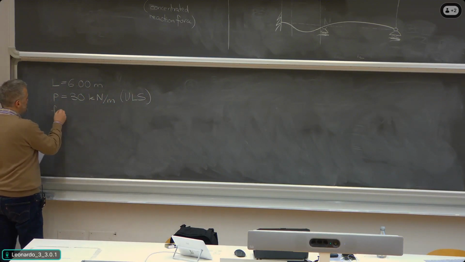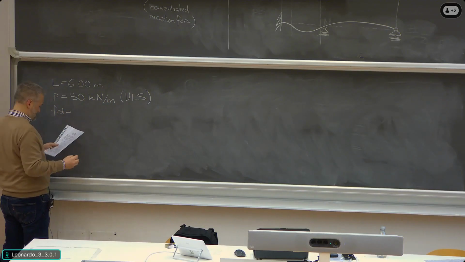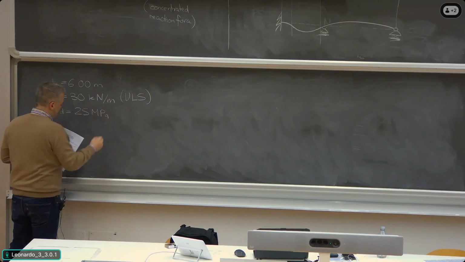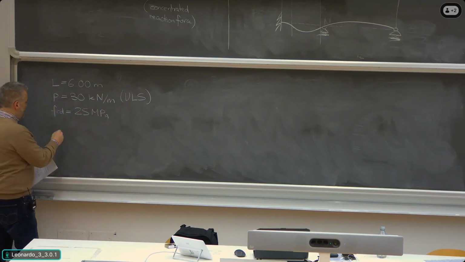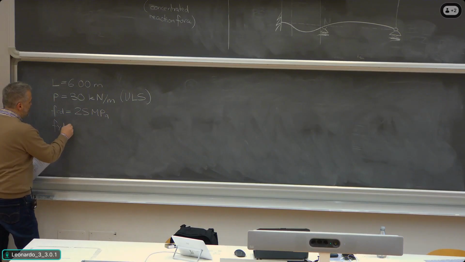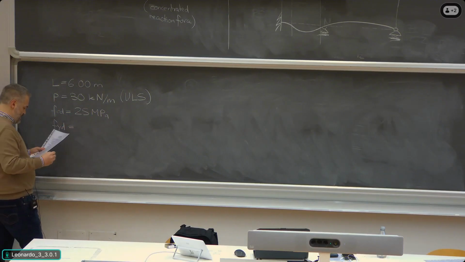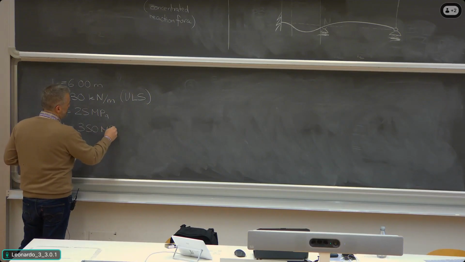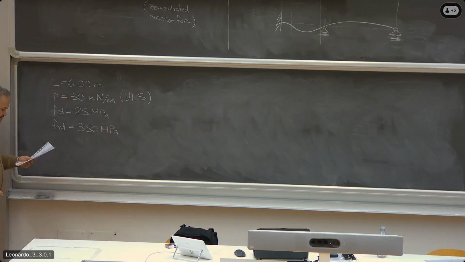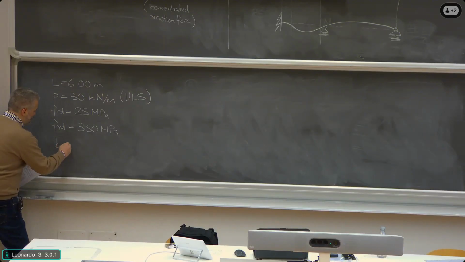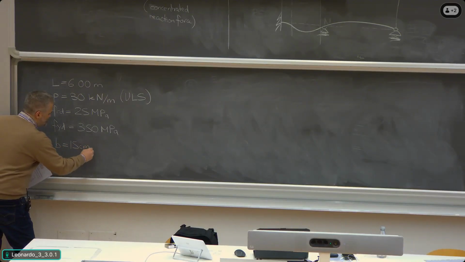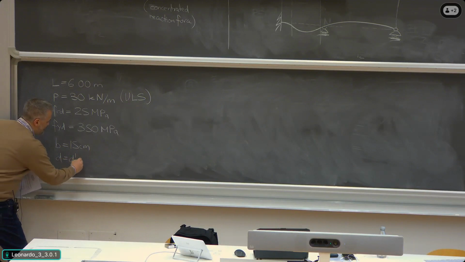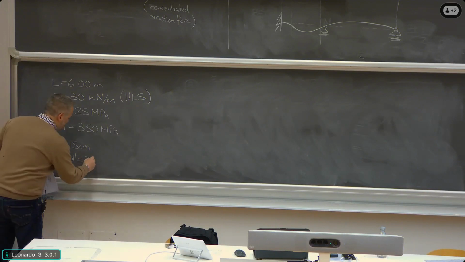FCD, design concrete strength, is 25 MPa, megapascals. And then we have FYD, which is the design yield strength of the reinforcing steel, which is 350 megapascals. And then we have B equal to 15 centimeters, and D equal to D prime equal to 35 centimeters.